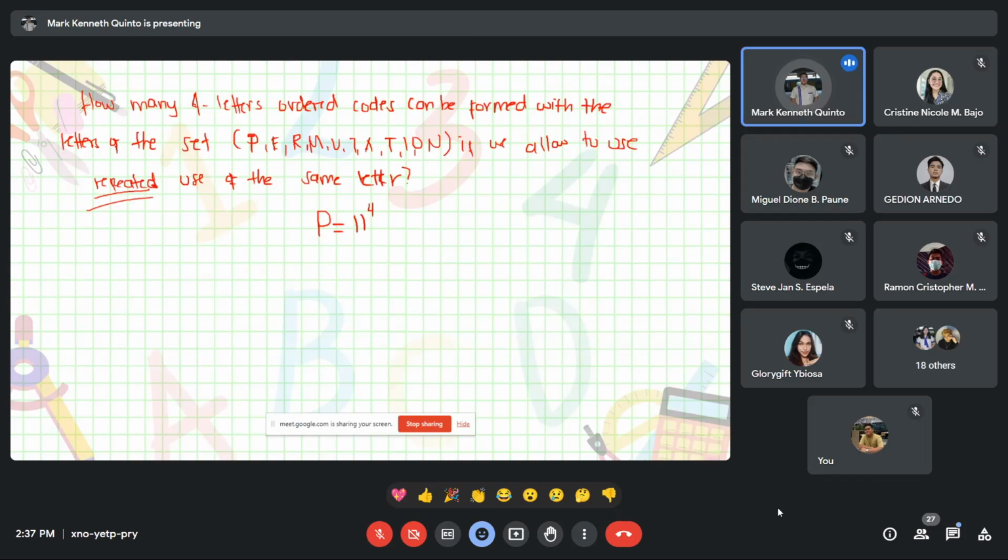So, repeated use. Ibig sabihin, since we have 4 letters, parang masasatisfy na lahat ng letters ay pwedeng maulit. So, we have to write 4 times.